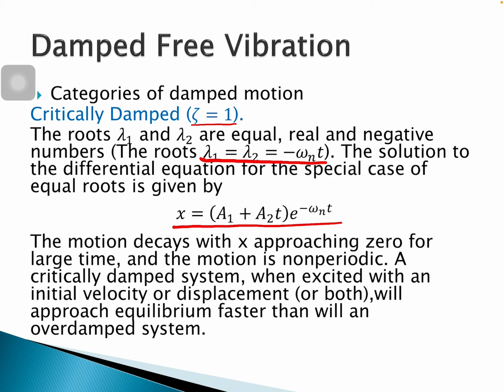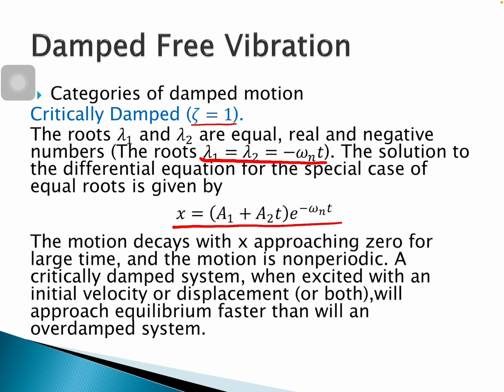For the overdamped category, the formula was given previously, and right now is the critically damped. In this case, the motion decays with x approaching 0 for large time, but not so large compared to overdamped, and the motion is again non-periodic, non-oscillating motion.